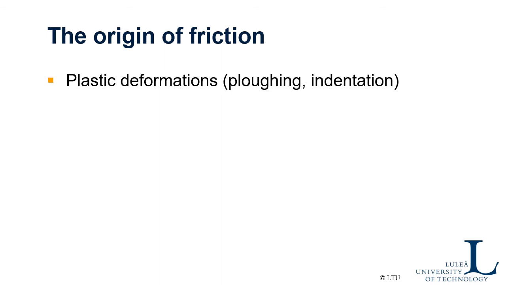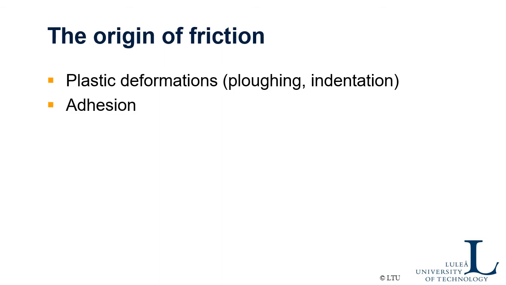The rough hard surface may scratch the smoother and softer surface and plow the surface, and that is giving rise to dissipative forces, of course, or friction simply. That's one of the most important types of friction.